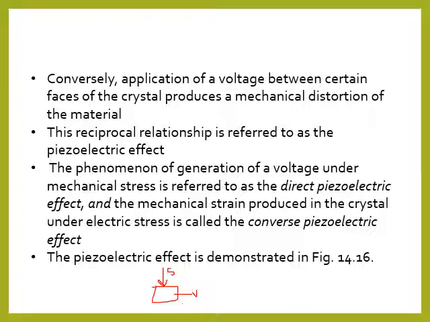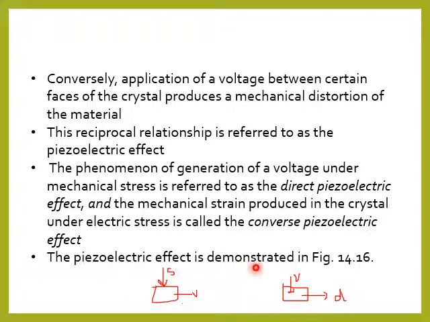And when we have a material or crystal and apply an external voltage, what will happen? Distortion of the material. This distortion of the material is called the converse piezoelectric effect. So these are opposite to each other. Here the stress is applied, here the external voltage is applied.